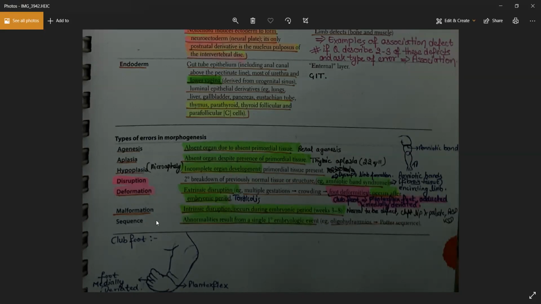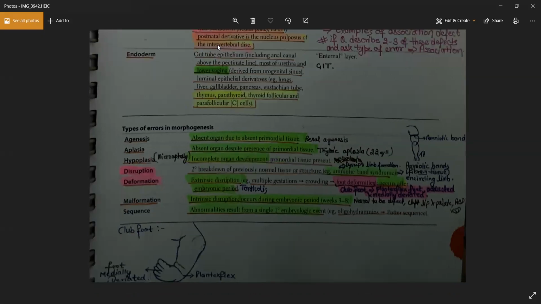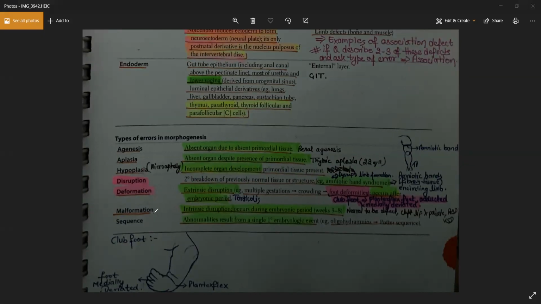Let me draw this for you. If this is your midline, this is the midline part, and this is your lateral part. You have this abdomen here, and similarly this other limb is also here. As you can see, you have a plantar flexion in the foot, and this foot is medially deviated.